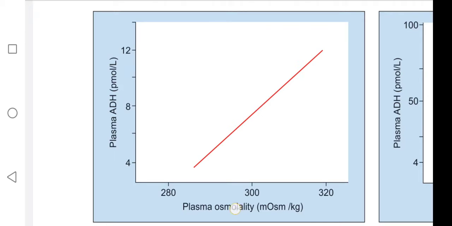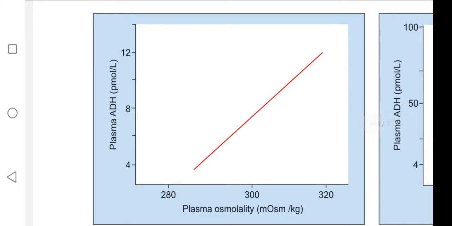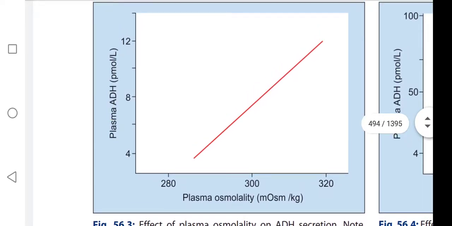If the plasma osmolality, that is in milliosmolality per kg, rises above 280, it causes the proportionate increase of plasma ADH, that is in picomole per liter.